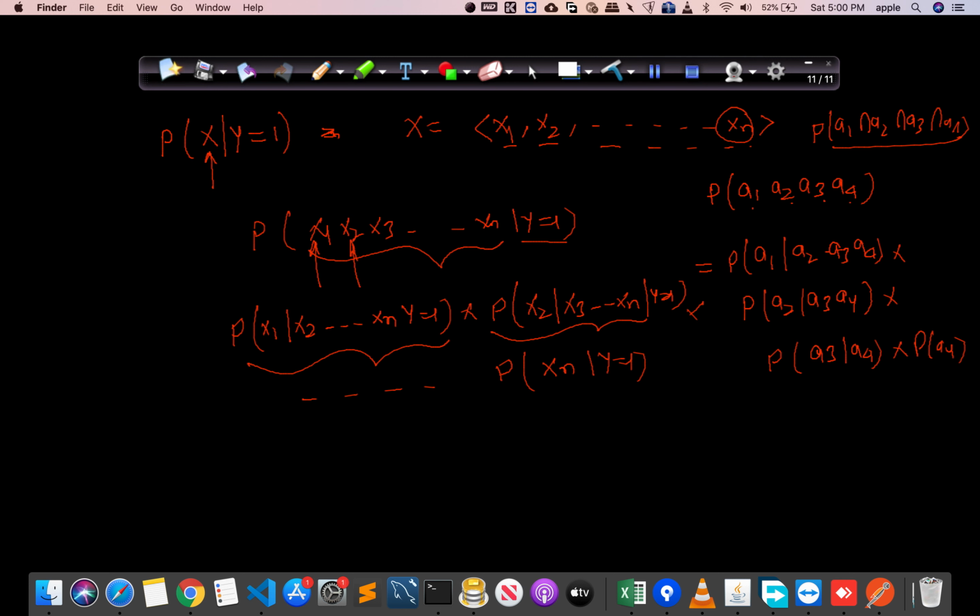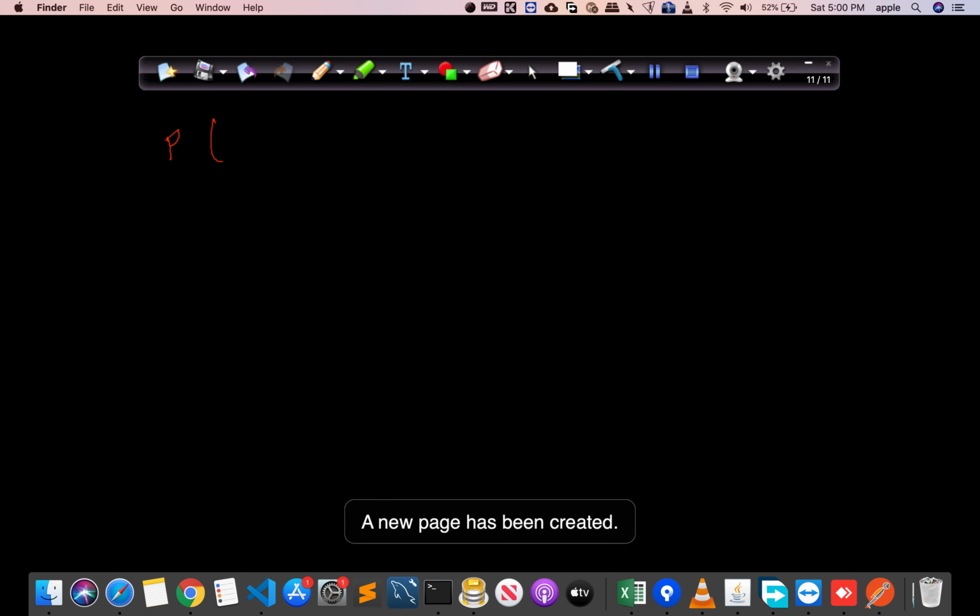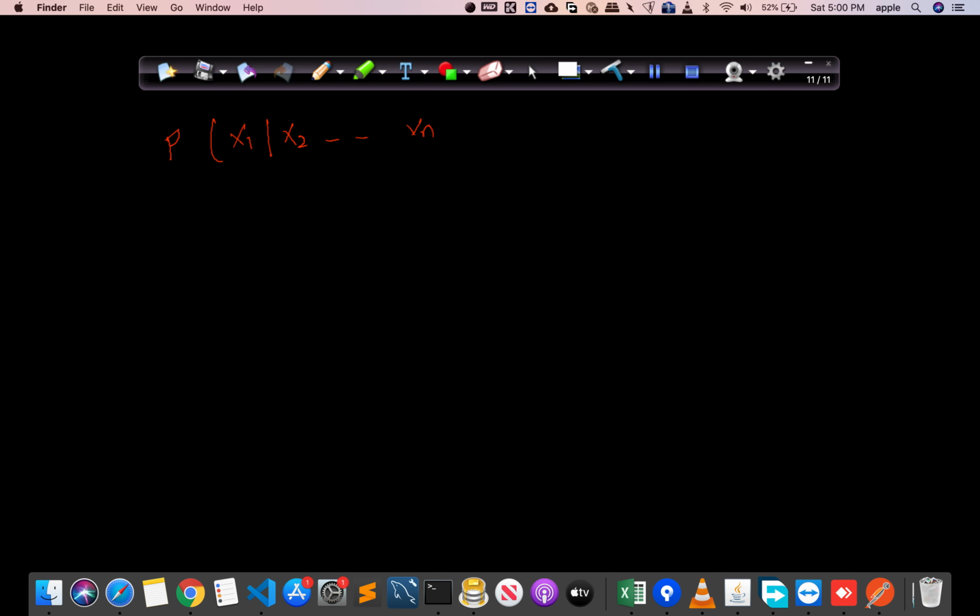Suppose this is x1 given x2 until xn and given y equals to 1. The probability that x1 will take some value is independent of what value x2 will take, what value x3 will take, and until xn, given y equals to 1. So this is conditional independence.